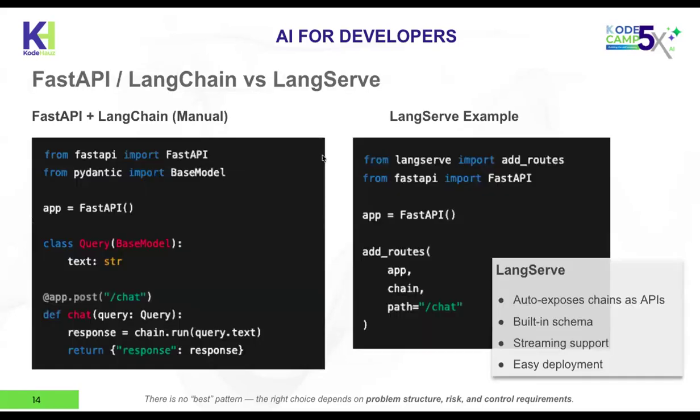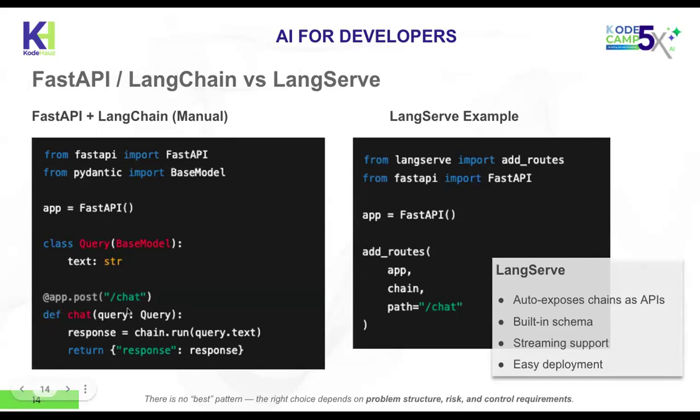So we are going to look at how to deploy with LangChain, normal LangChain deployment with FastAPI. And then we're also going to look at using LangServe and what LangServe gives to us. But I think the main thing is, if you look at this, you would still have to do all of this, right?